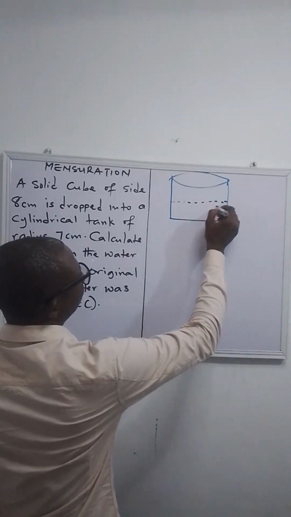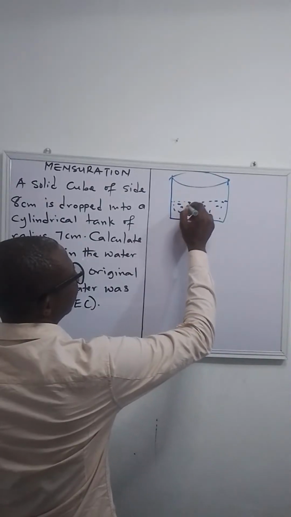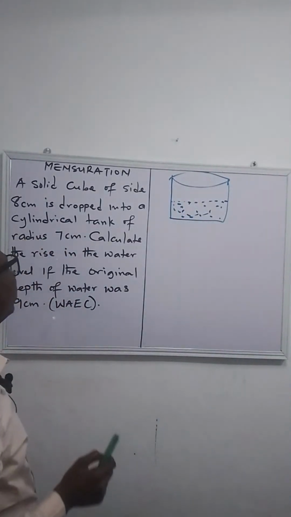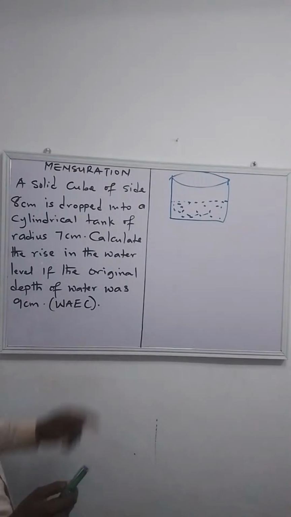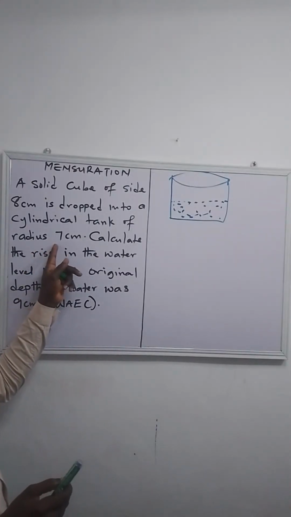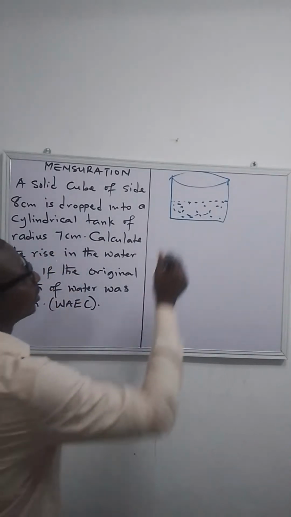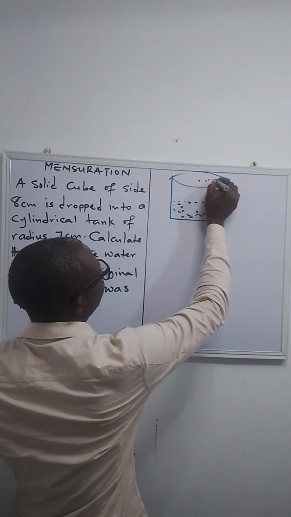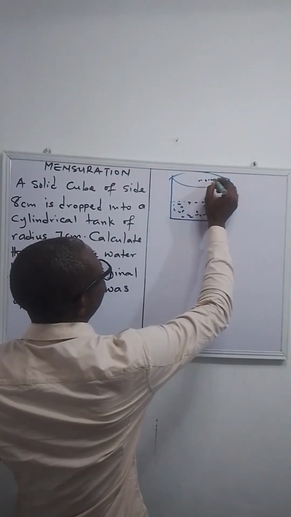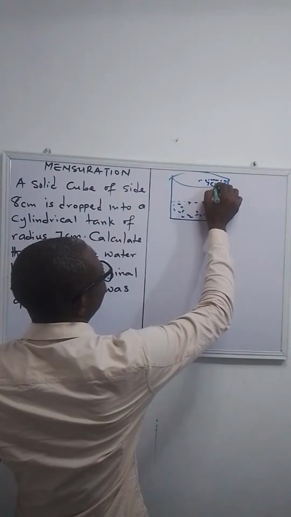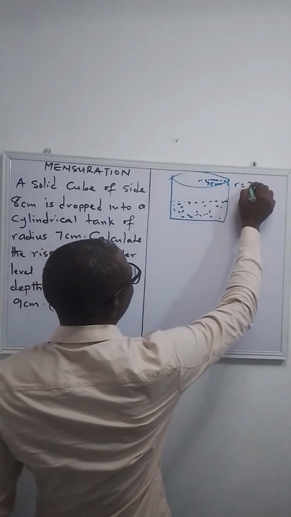Okay, this is the water inside the cylindrical shape. We are told that the radius of the cylindrical shape is 7 centimeters. The radius R is 7 centimeters.